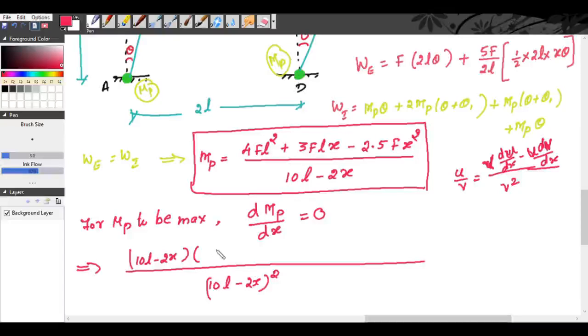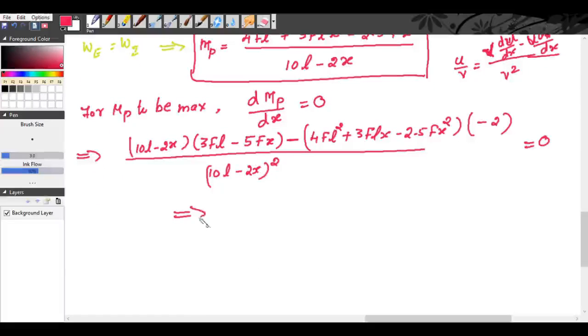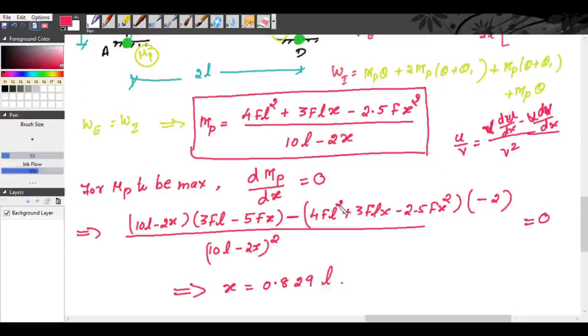Here it is 3FL minus 2.5 into 2, so 5Fx, minus numerator into differentiation of the denominator, that is 4FL square plus 3FLx minus 2.5Fx square into differentiation of denominator, that is minus 2, is equal to 0, from which we get x is equal to, you can expand this, you will get x is equal to 0.829L.